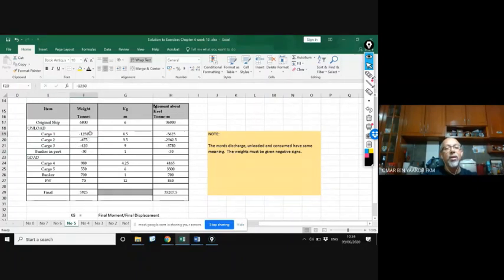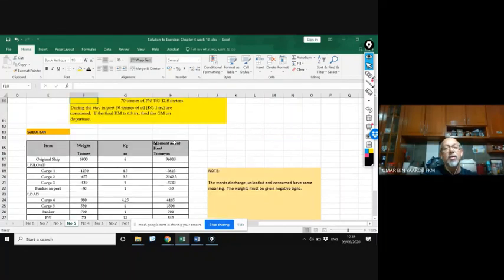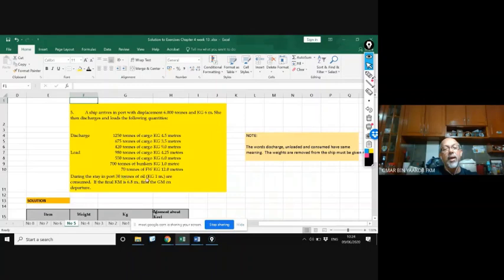Because this is unloading, it is minus. So this is load: you load cargo 1, cargo 4, cargo 5, and bunker. You load bunker and also fresh water. So this is bunker, considered as unloading as well, of 30 tons. So we see the question: during stay in port, 30 tons of oil are consumed.